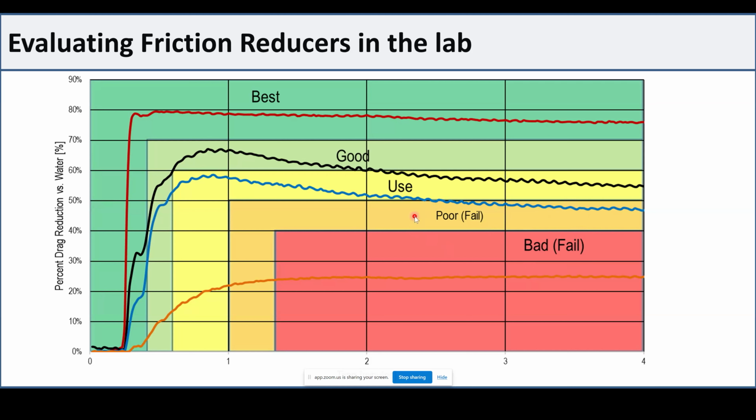We don't like to pump it. Usually in current applications, we all the time prefer to be in the best region. We prefer to be above 70%. Even at 60%, we do not want to go there. It may still be acceptable, but in our cases right now, especially if you're having a high stress environment, we like shooting to have the best friction reducer possible, because it can save a lot of headache in the field from this performance.